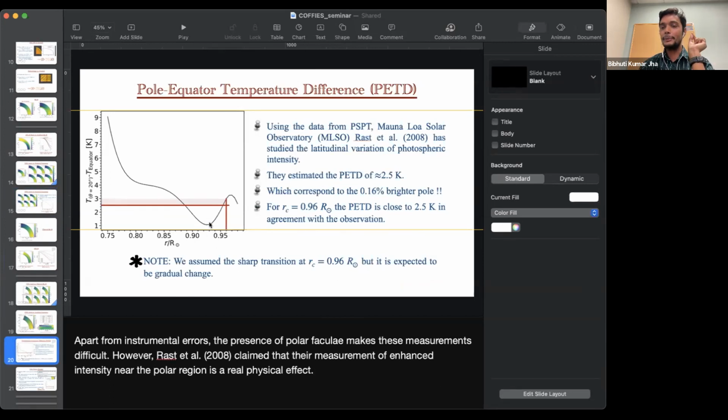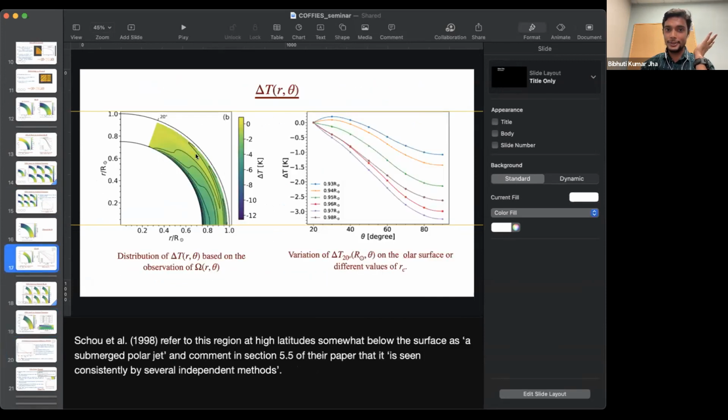It can only be possible if there is something happening with the term delta omega squared by delta. And when we carefully looked at it, it is also present in this plot: the contours are going down and then again coming up in this region where delta T is almost 0. So what is the reason for that?